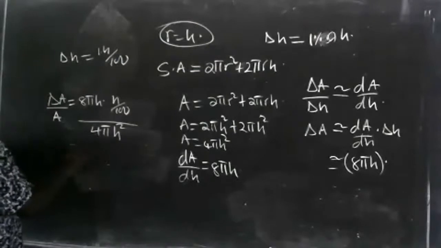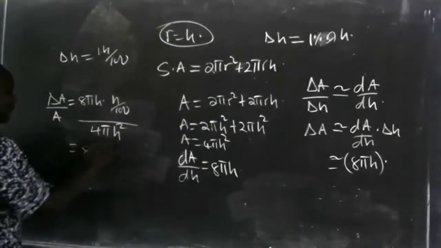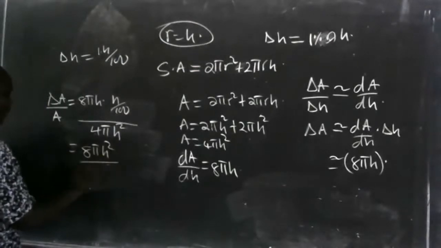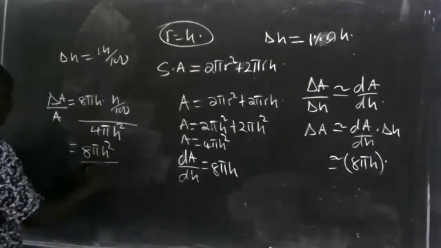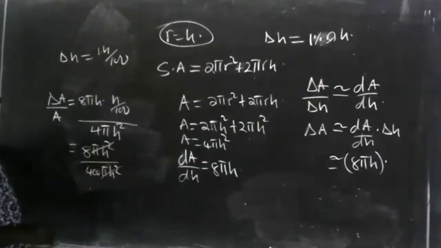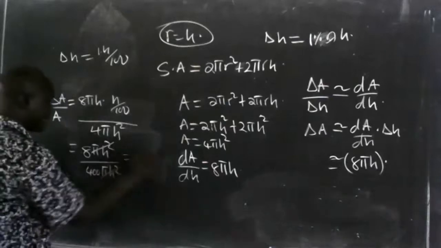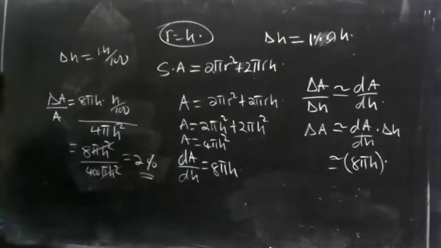So then you have here 8 pi H squared over 400 pi H squared. So this one will go with that, and this will give us 2 over 100, which is 2%.